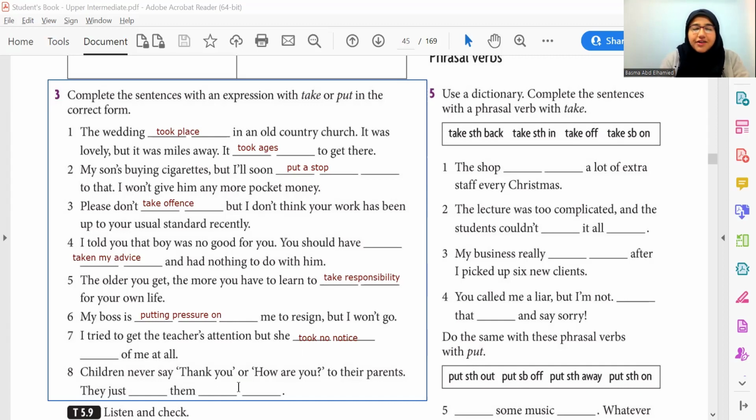Number 8, children never say thank you or how are you to their parents. They just take them for granted. Here we go, another exercise. Try to make your own examples of these words and write some examples under the video.